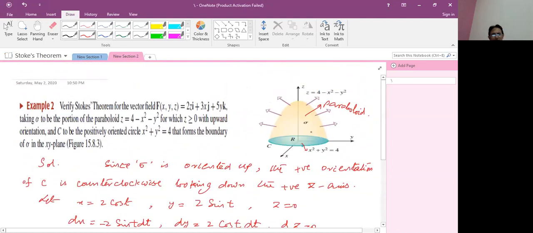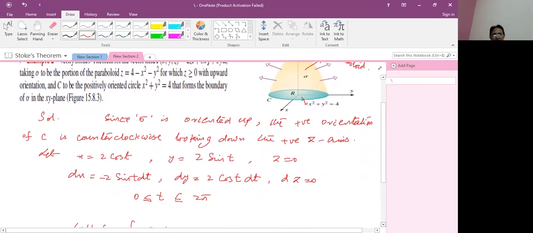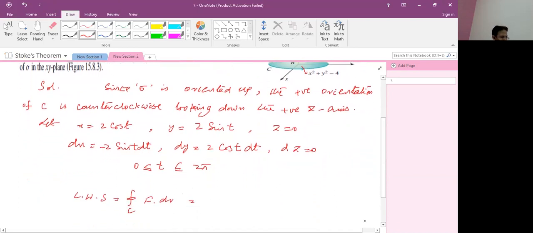F is 2z i plus 3x j plus 5y k, so the closed line integral over C of F dot dr. What is dr?